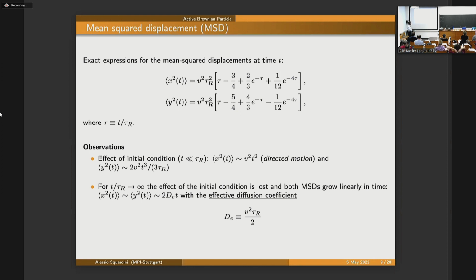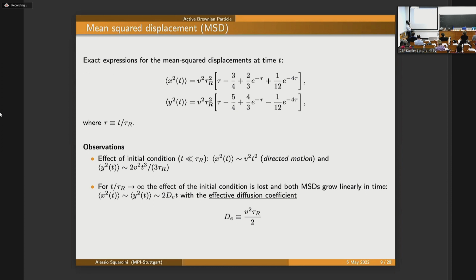So here you have a directed motion along x and a cubic behavior along y. But this is actually due to the fact that the system remembers the initial condition just for short times. But as soon as you move away from this short time regime and go into the large time regime, both of them become asymptotically equivalent to the standard Brownian motion, provided you introduce this effective diffusion coefficient.